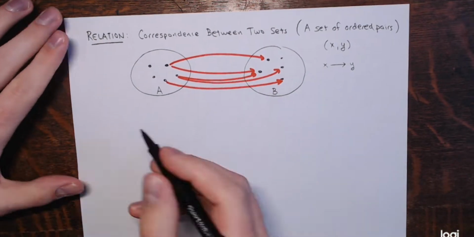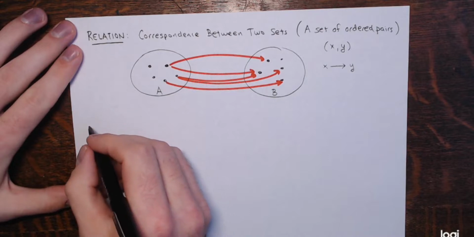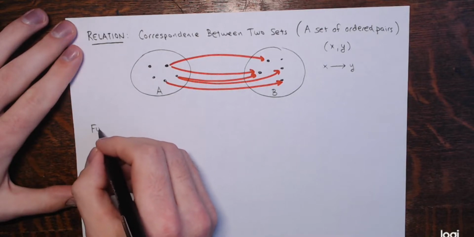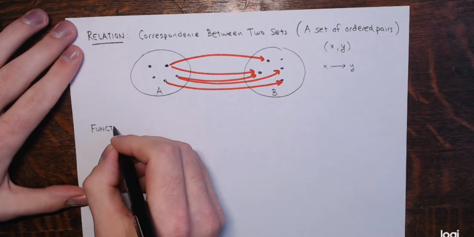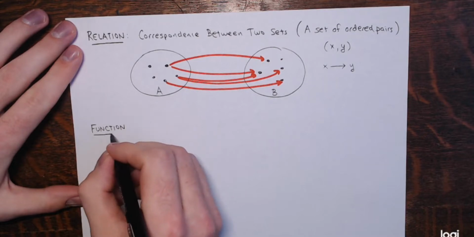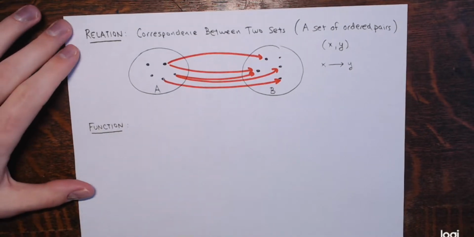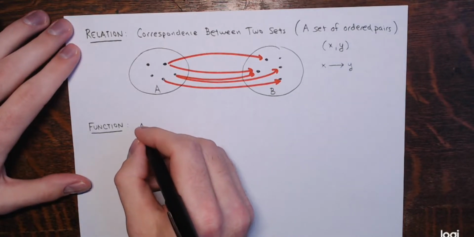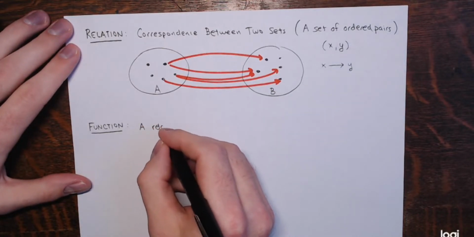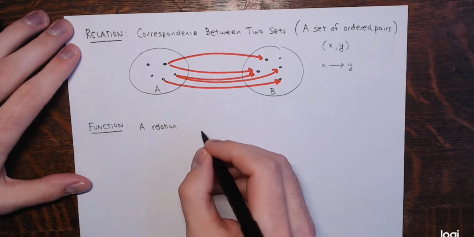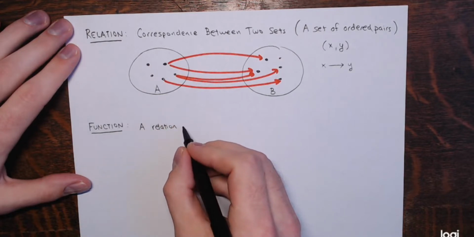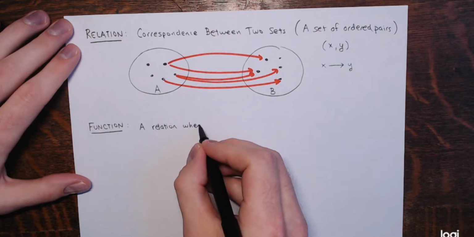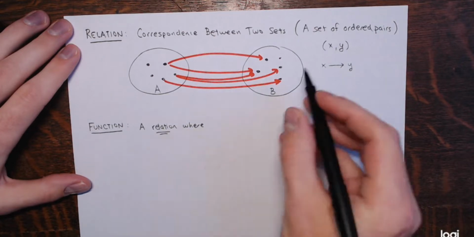Now, a function is a special kind of relation. It's a relation, so it's a set of ordered pairs, but it's a special kind.